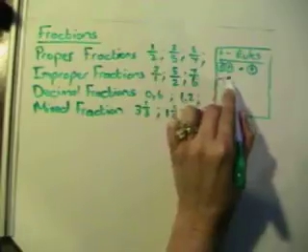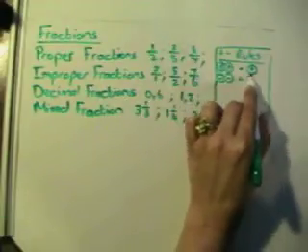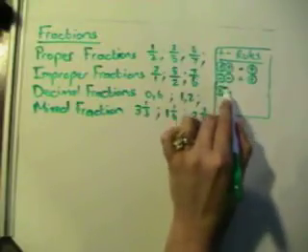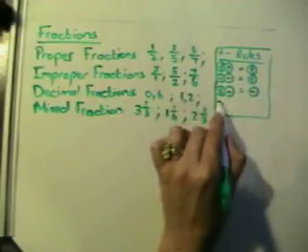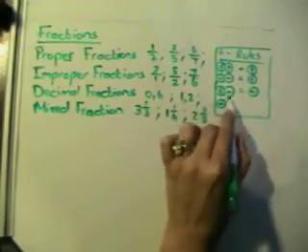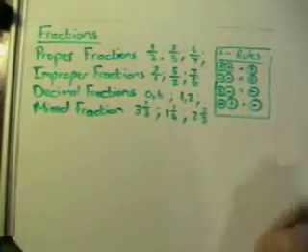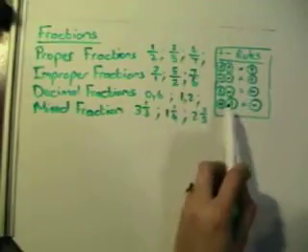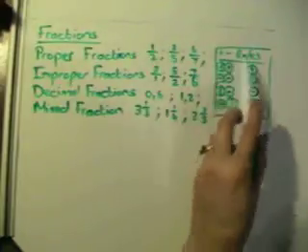A negative times a negative also always gives me a positive, and then a positive times a negative always gives me a negative, and a negative times a positive also always gives me a negative. Now most of you know that this works for multiplication. I don't know if you know that this also works exactly like this for division.